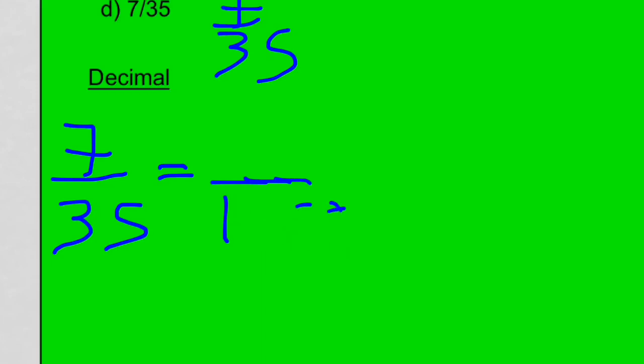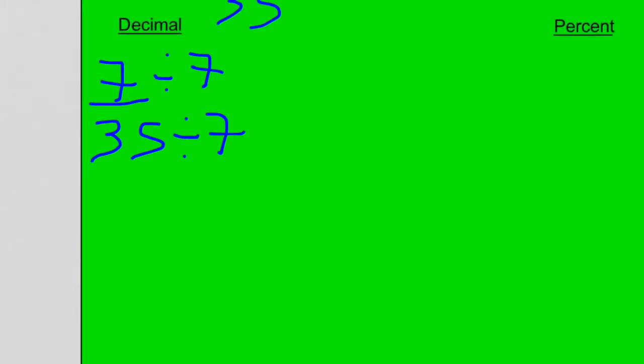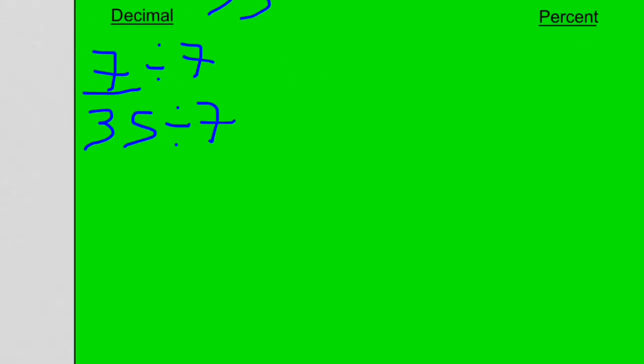So what I want to check first is the fraction in lowest terms. And hopefully I know that 7 times 5 is 35. So the greatest common factor of 7 and 35 is 7. If I divide the numerator and denominator by 7, I get the fraction 1/5. And now I have a fraction I can work with.